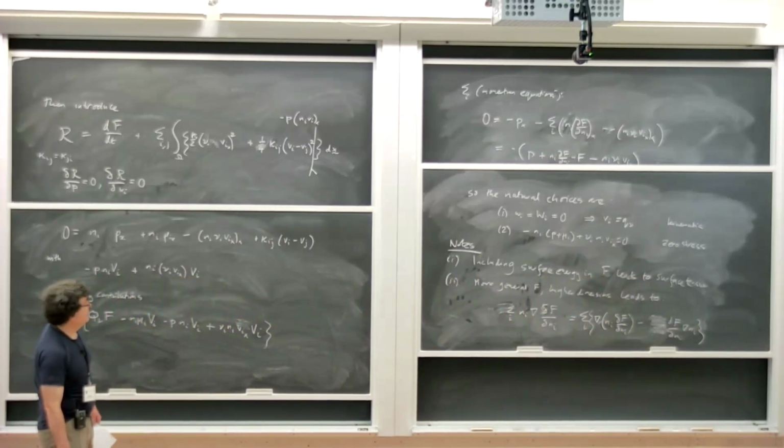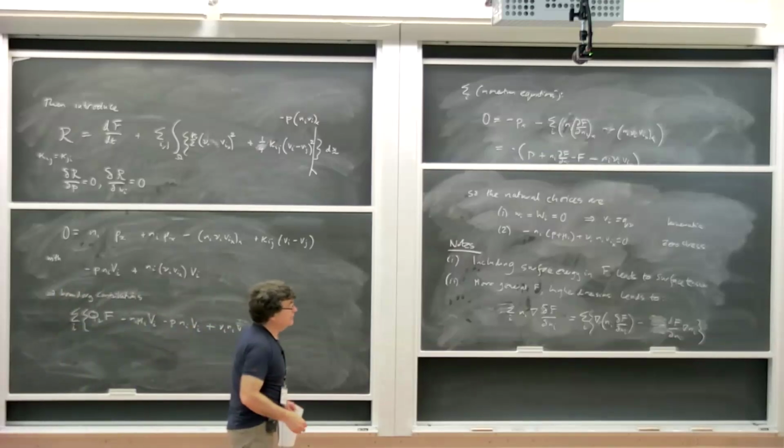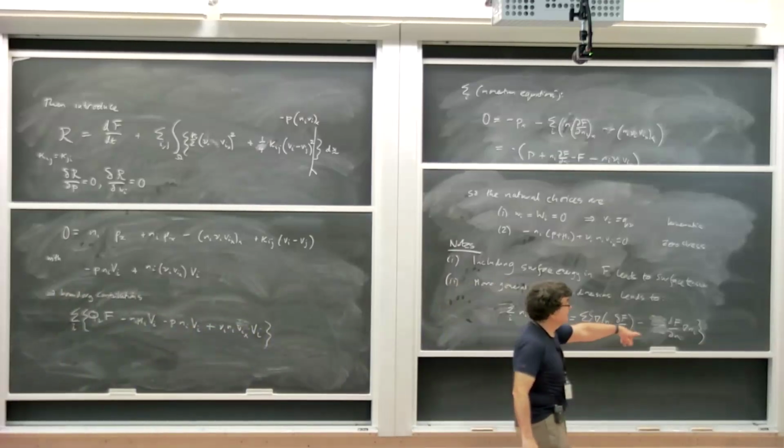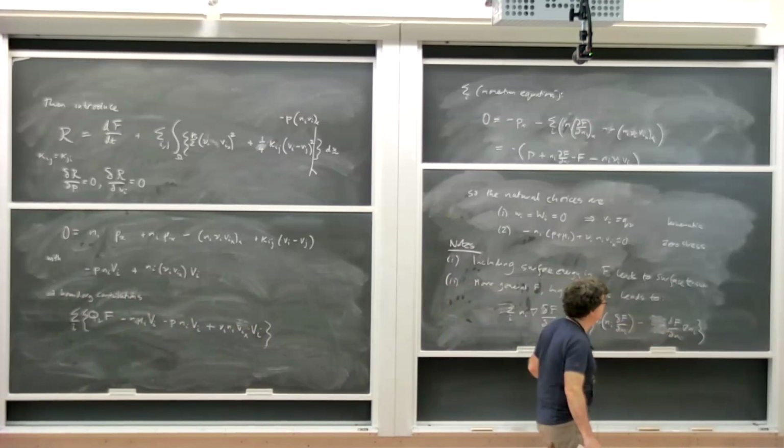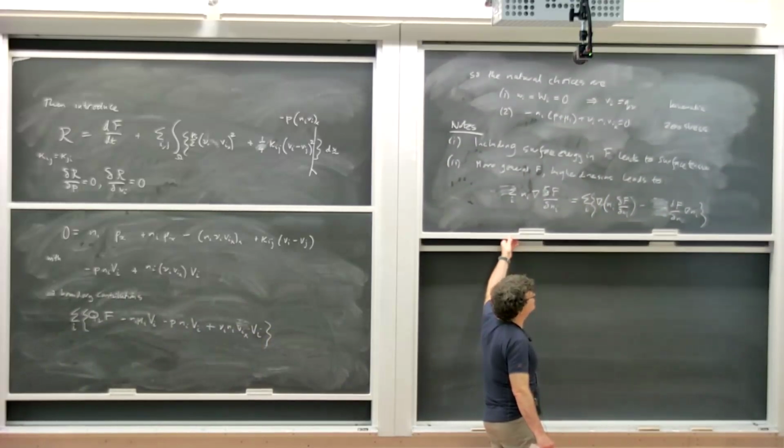Well, the second bit is, as long as you specify f to be translation invariant in each of the spatial variables. If you do that, that's exactly the thing that comes up in Noether's theorem associated with that variational symmetry.